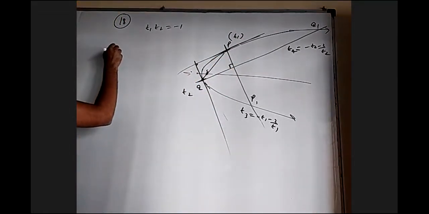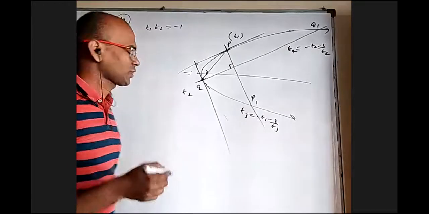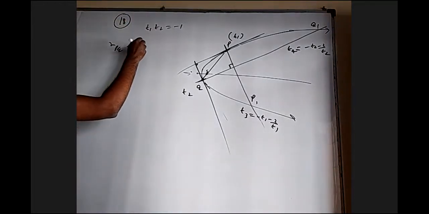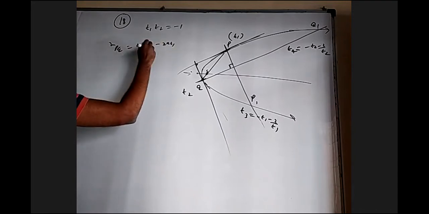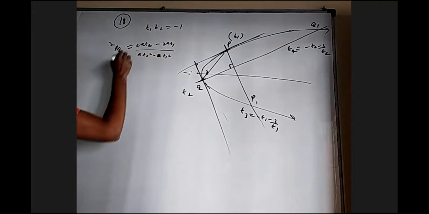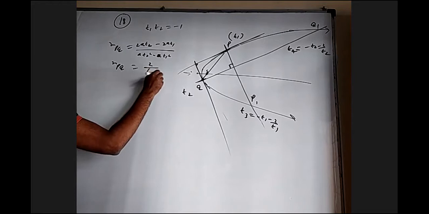What is the slope of P1Q1? First of all, the PQ slope we know. Slope of PQ is (2aT2 - 2aT1)/(aT2² - aT1²), which is 2/(T1 + T2).